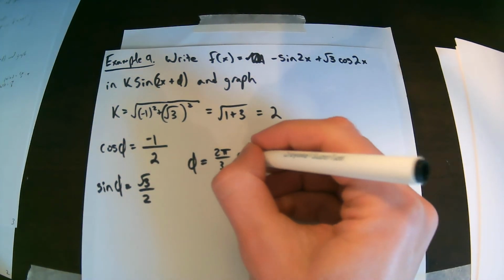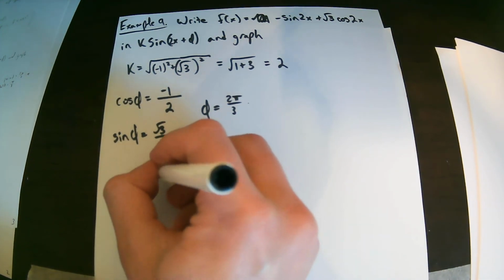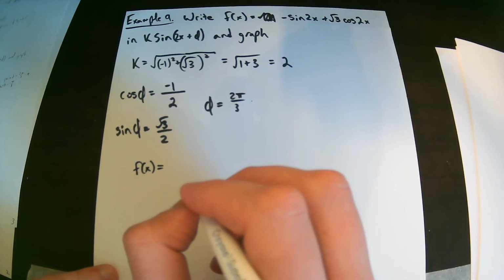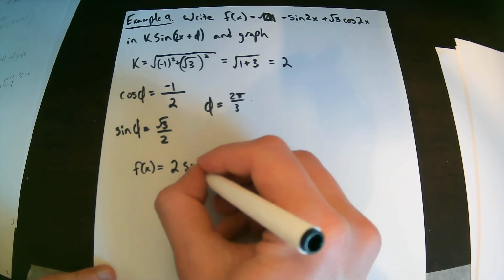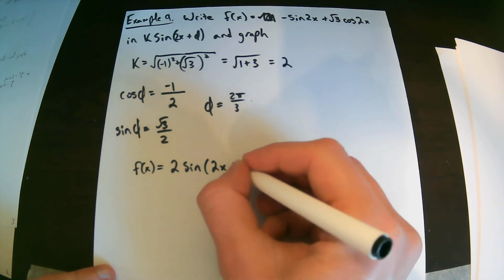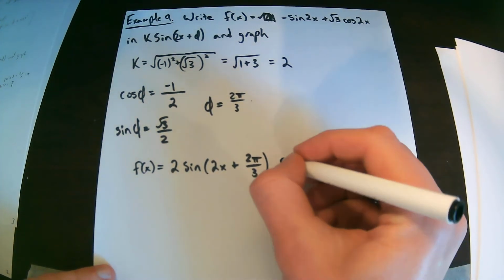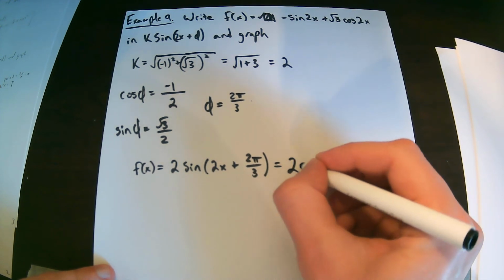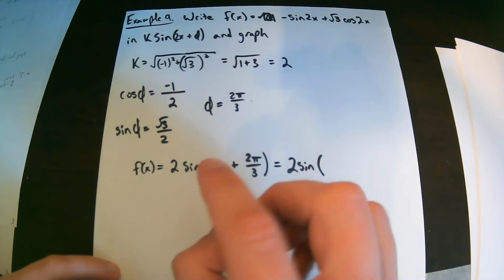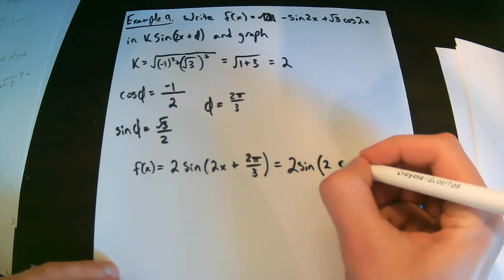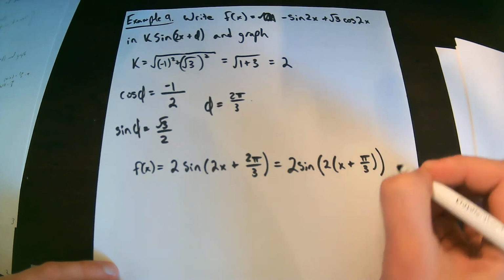So the form that I want f written in is f of x equals k times sine of 2x plus 2 pi on 3, which I could also write as 2 times sine of, factor this 2 out so that I just have x plus something, pi on 3.